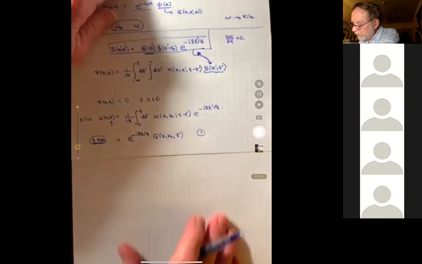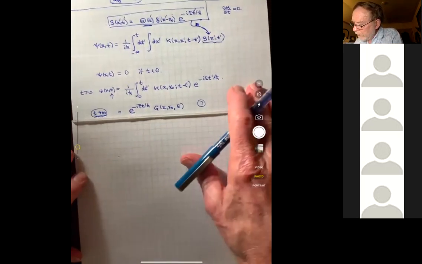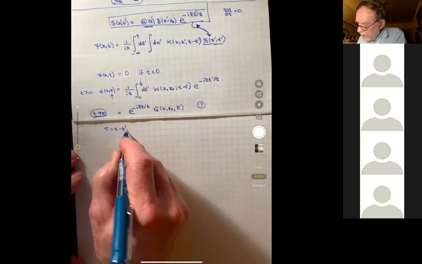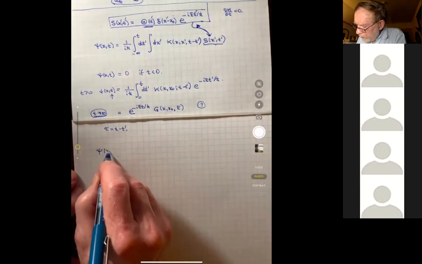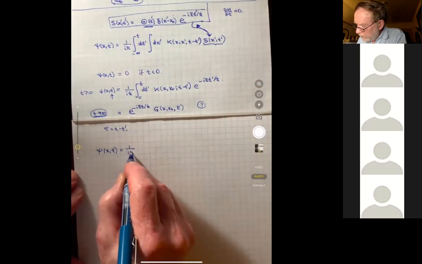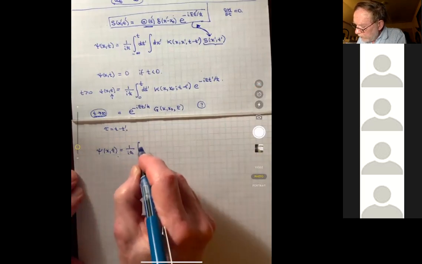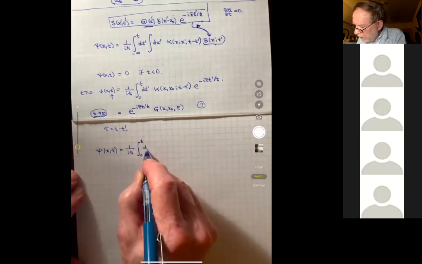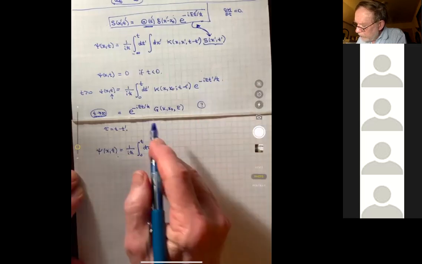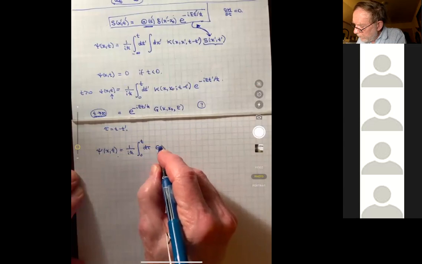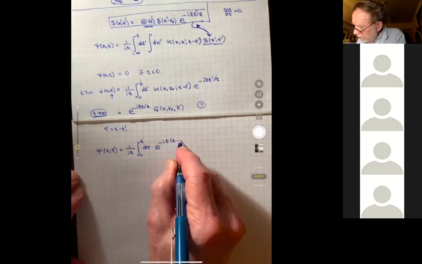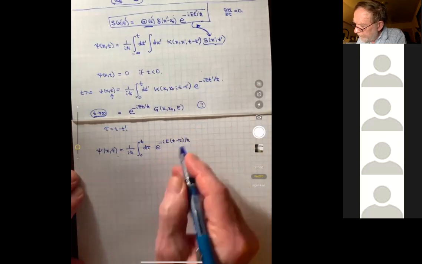Well, if we take this integral and do a change of variables, if we make tau equal to t minus t prime, then what we get is psi of x and t equal to 1 over i h bar, the integral from 0 to t d tau. This e to the minus i E t, with the change of variables, becomes e to the minus i energy E times t minus tau over h bar.